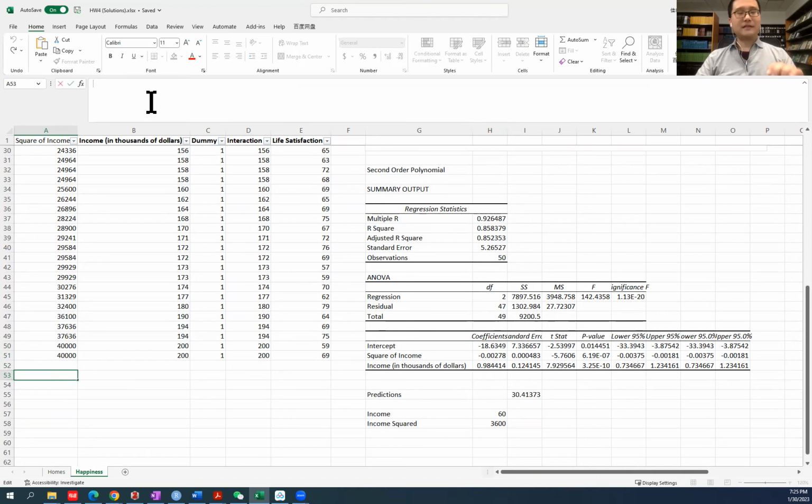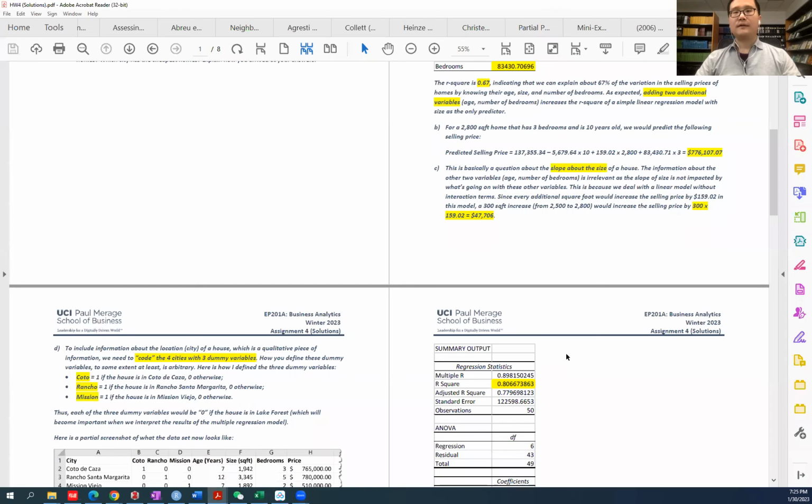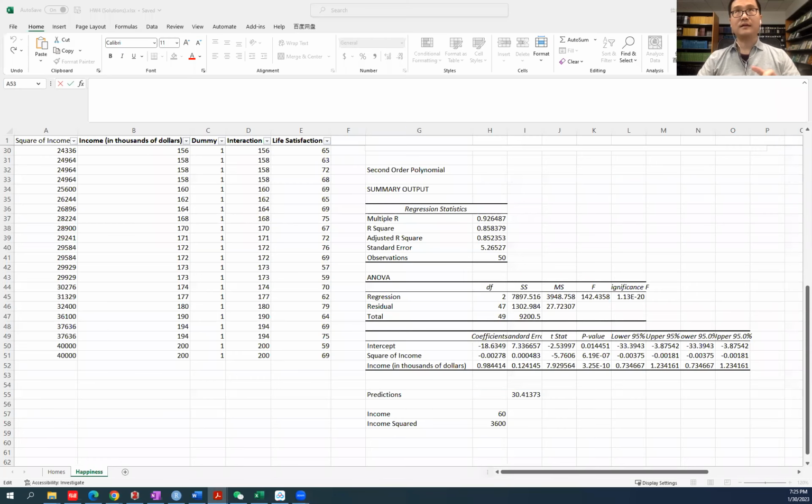A very convenient way is that we could calculate predicted values for certain income, right? So as what we demonstrated in our last example, in last week's homework, where we predicted house price using square footage, we use exactly the same technique to address this question.